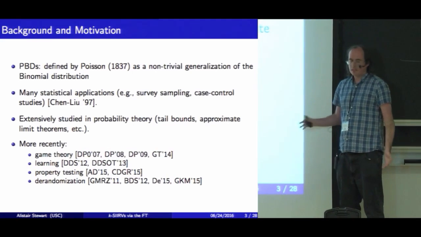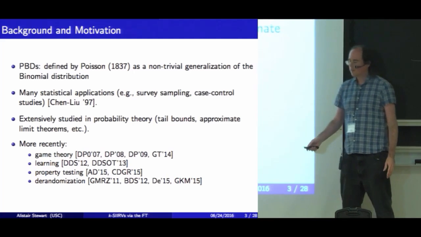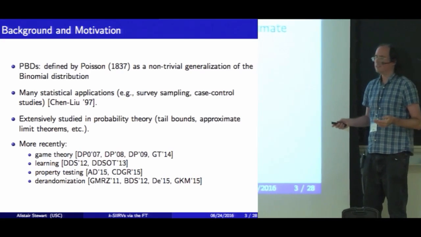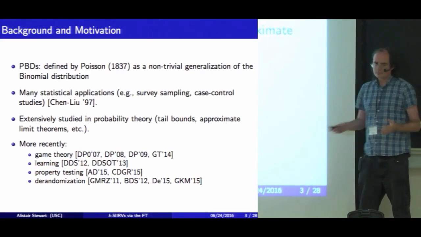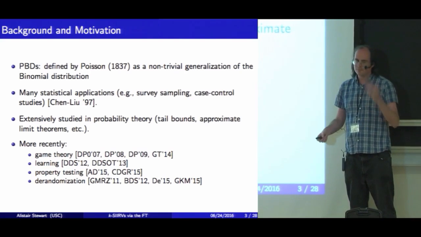Now, the Poisson binomial distributions in particular have plenty of applications. K-SIIRVs too, there's plenty of work in the probability and statistics literature. Relatively recently, we've been interested in these things in computer science.